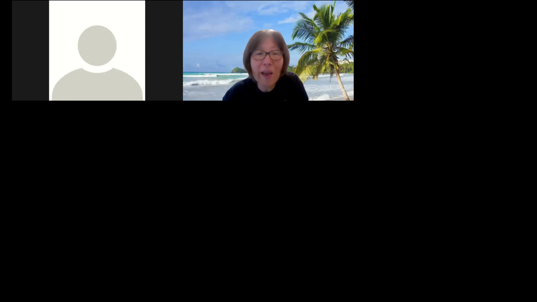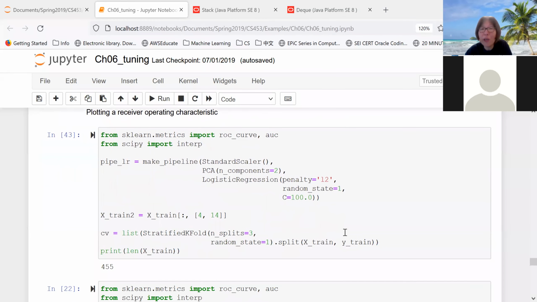Okay, and then next, let's take a look at our code. How do we get that ROC curve and AUC? In sklearn, we don't need to worry too much; it already gives us the module for the ROC curve and AUC, and we can directly get it.